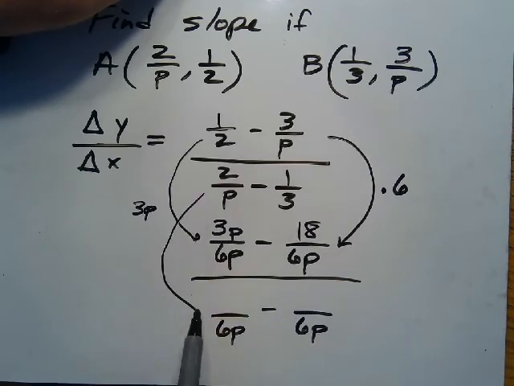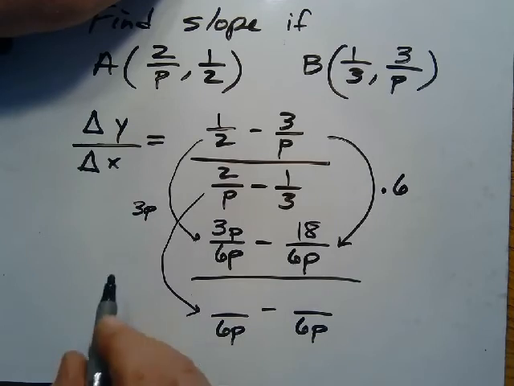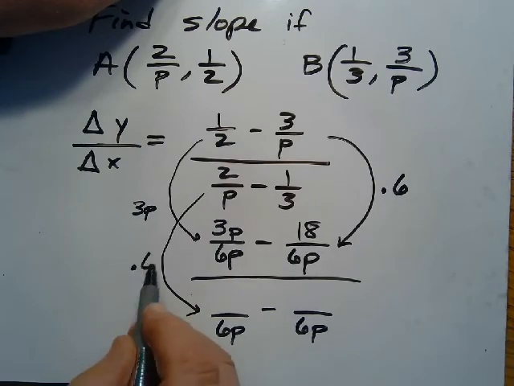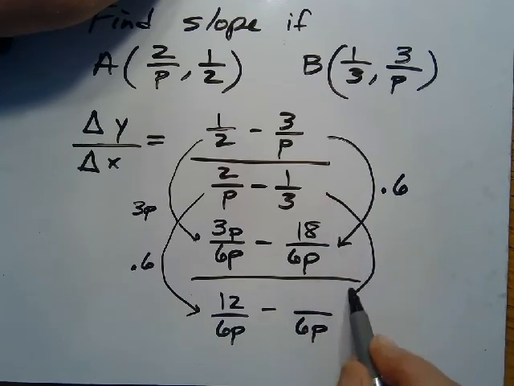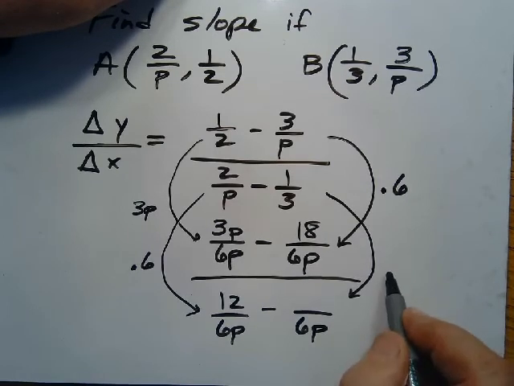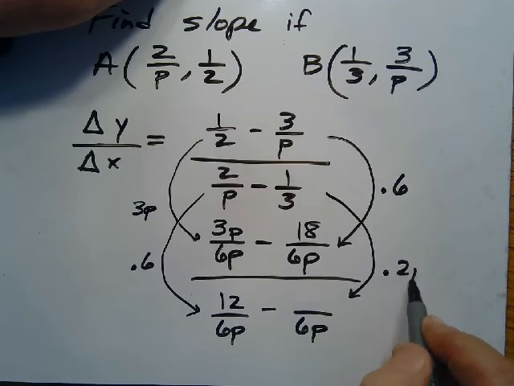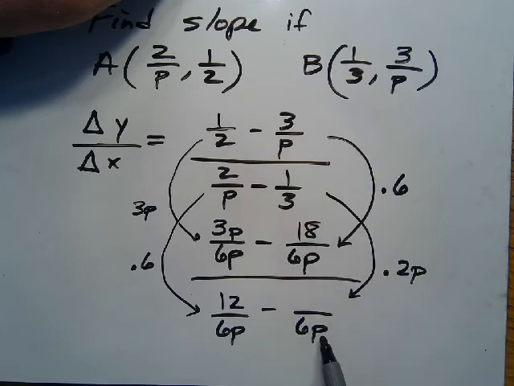To get from here to here, I had to multiply the bottom by 6 as well, so times 6. So this gives me 12. 12 over 6 is the 2, that's right. And to get from here to here, I had to multiply times 2p. 3 times 2p is 6p, so this is now 2p.